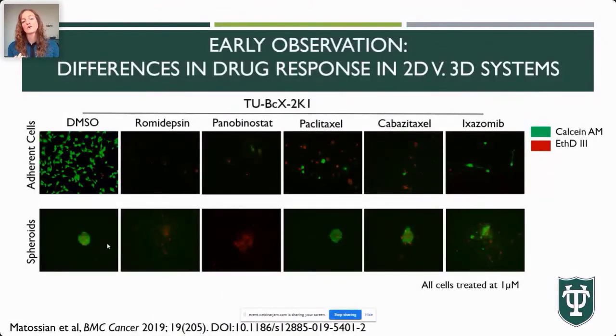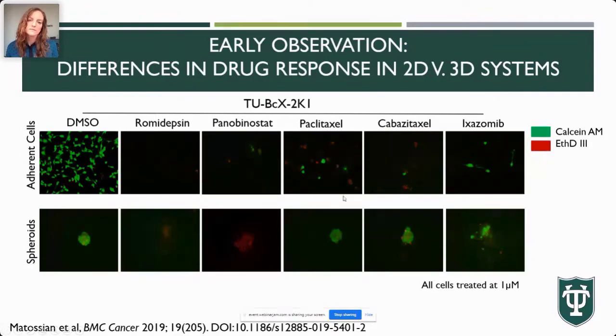And I will say in our early drug treatment experiments, as we grew comfortable using these 3D model systems, we observed differences in drug response when we compared 2D and 3D systems. So this example is a mixed cell line that was derived from a PDX model 2K1. And these are a panel of targeted and more systemic cytotoxic chemotherapies.